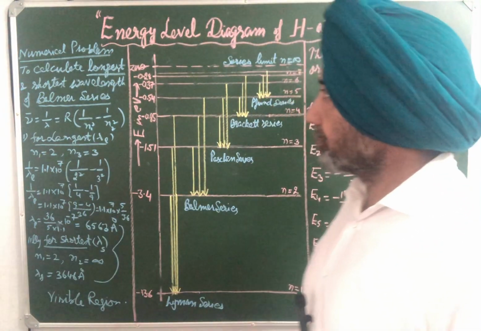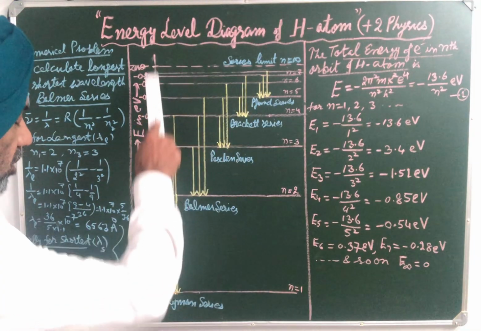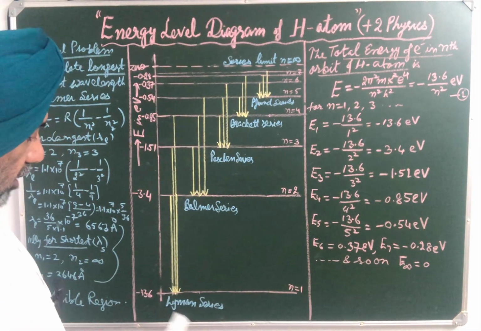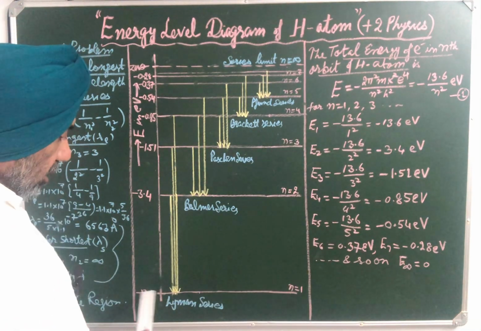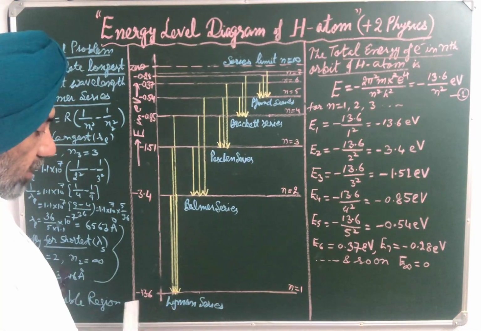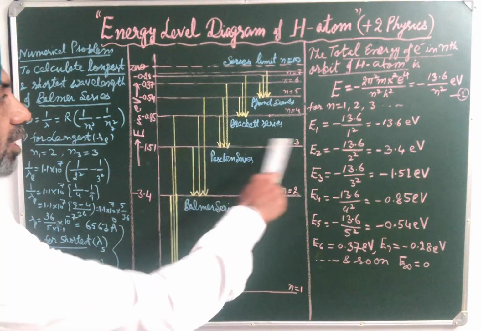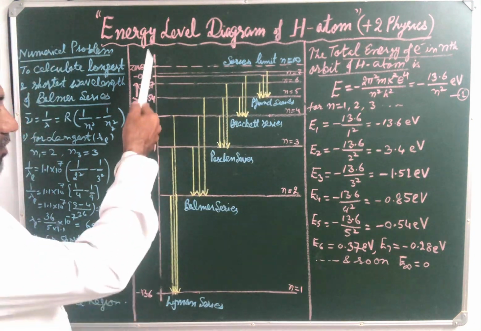It becomes free. Now, to plot or draw the energy level diagram, the energy of various orbits is represented by horizontal lines, taken with respect to some specified scale.